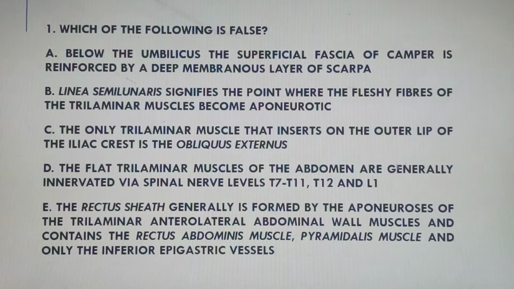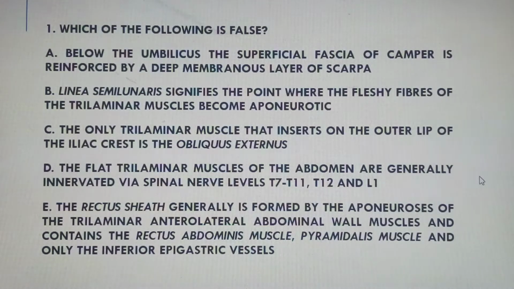Remember that if you hear obliquus externus, we are still talking about external oblique muscle of the abdomen. Now, this muscle is the only muscle which inserts on the iliac crest. The rest of the muscles will actually take origin from what we call the iliac crest. So this is a very true statement.